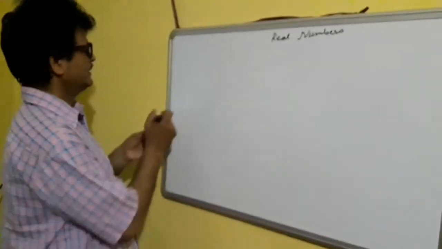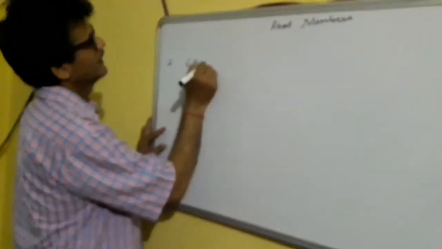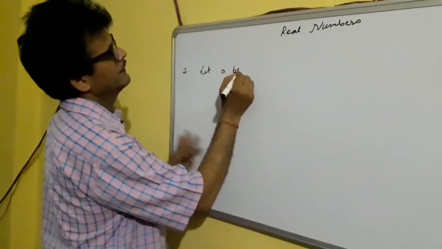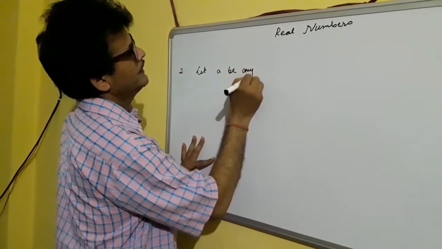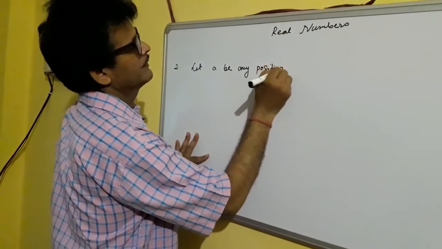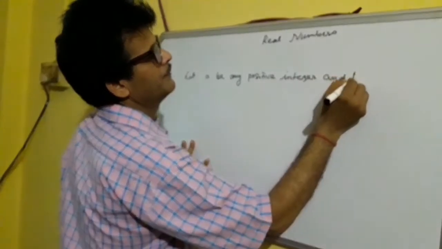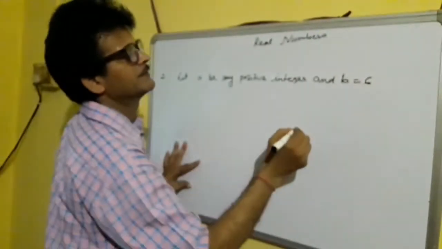So question number 2. Let a be any positive integer and b is equal to 6.